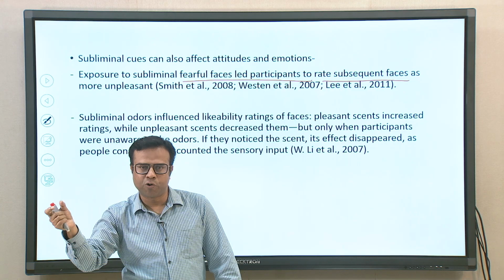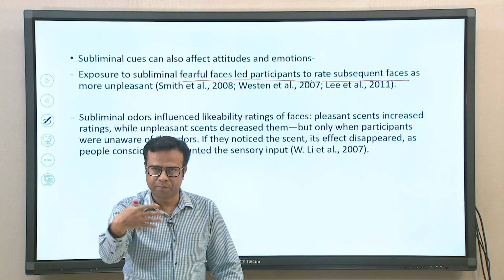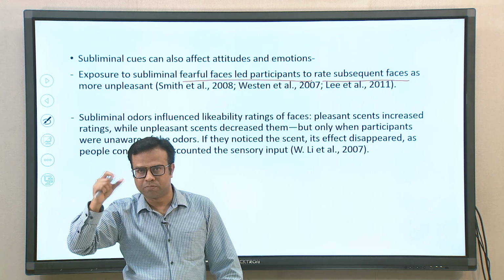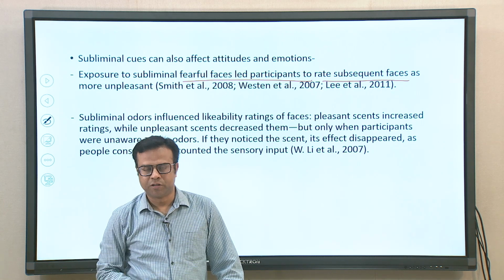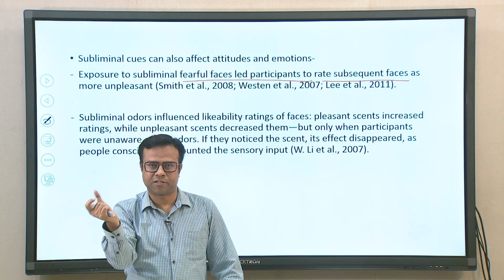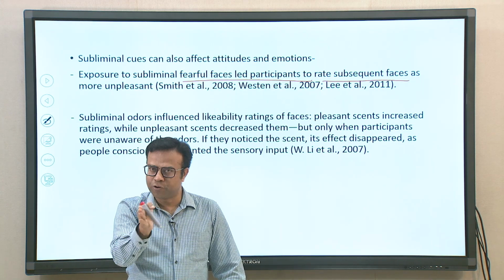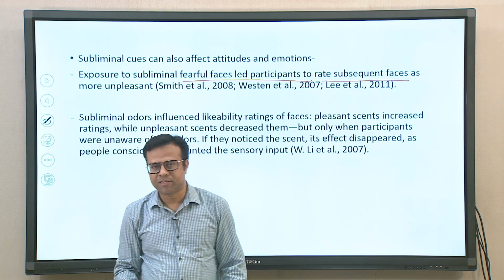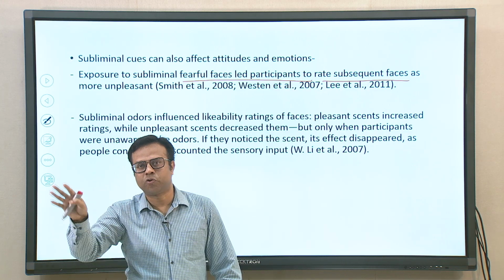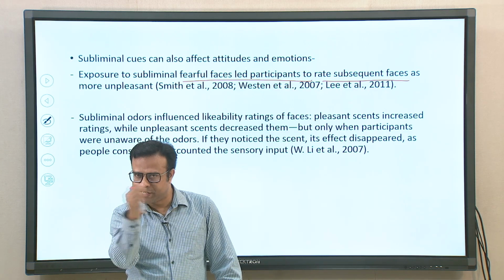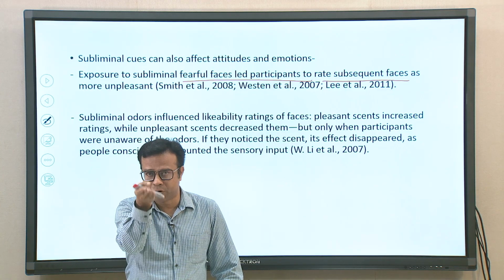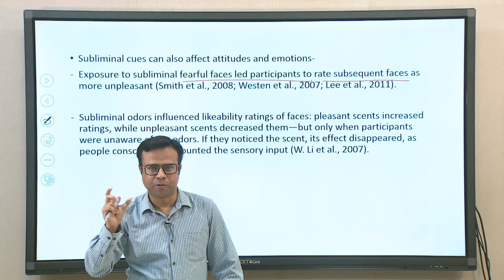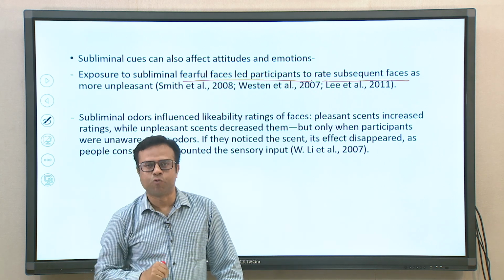The researchers found that when these fearful faces preceded the other faces, liking for the other faces, which were presented above threshold and could be detected, actually decreased. Simply because it was preceded by fearful faces which they were not even conscious of, they rated those faces as more unpleasant, a more negative rating.